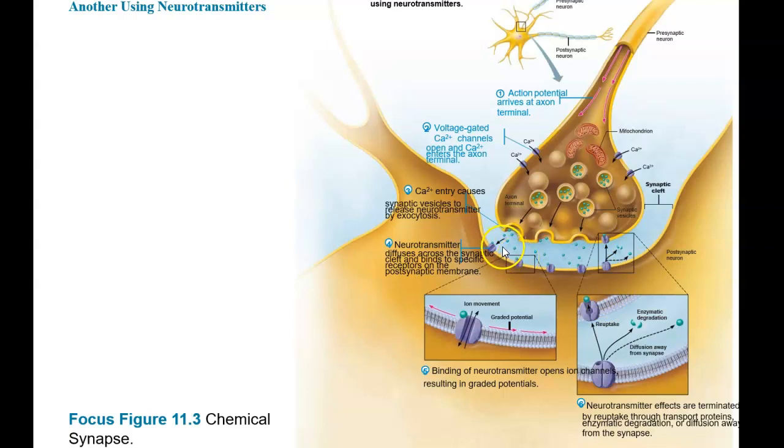Then once those neurotransmitters are bound to those receptors on the postsynaptic neuron, that's going to open the ion channels, and that's going to result in graded potentials. Graded potentials are just changes in the membrane potential. Those changes could eventually lead to an action potential, but not in every situation.